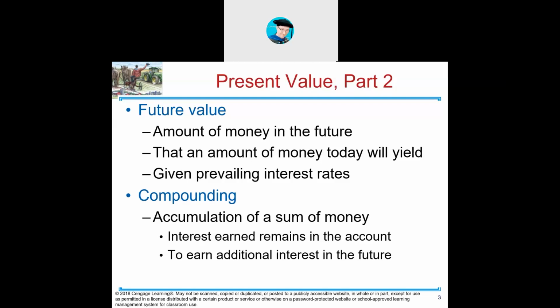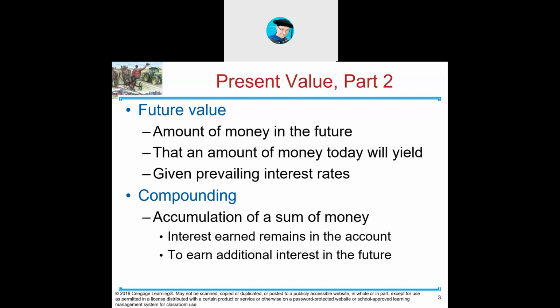All these formulas, what's the purpose of them? Why do we need to know this stuff, Dr. B? You might be asking. The reason why you would want to know the present value or the future value is to understand how much you would need to invest today in order to generate future returns. Why is this important?